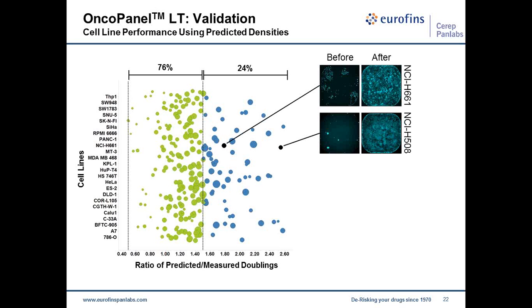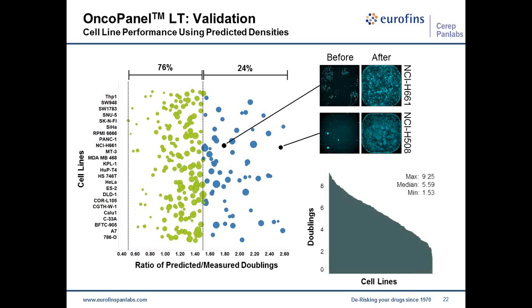So what we've done with each of these cell lines is we've iteratively tested and checked the seeding densities as we gradually increase them, to a point until we reach 80% confluency at the end of the 10-day incubation. You can see the before and after seeding density adjustment, and that now we've achieved our target confluency.